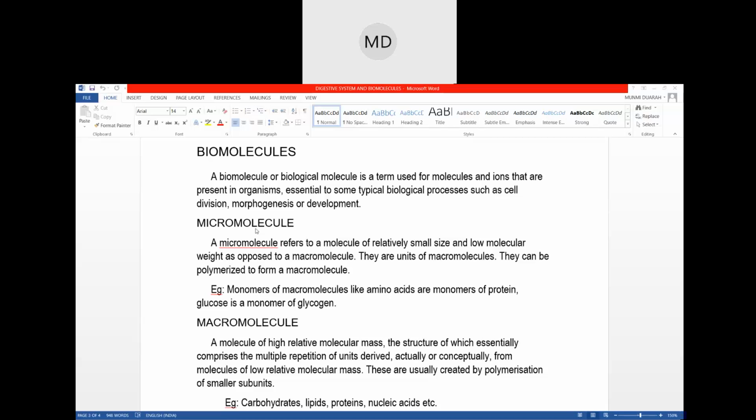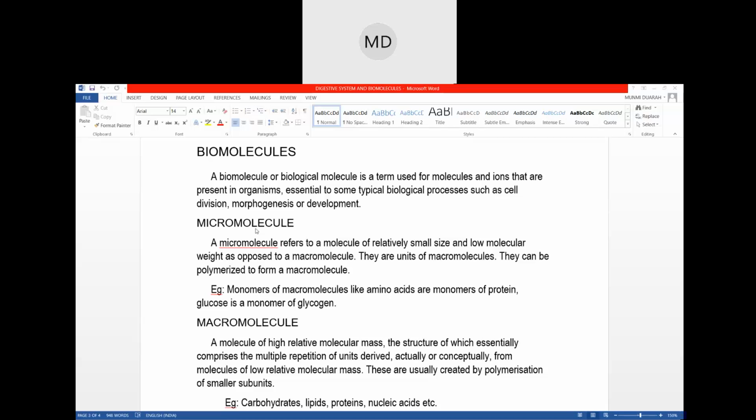Protein, all of you know, is a polymer. When protein is broken down, like when the wall is broken down and you get bricks, you will get amino acids.